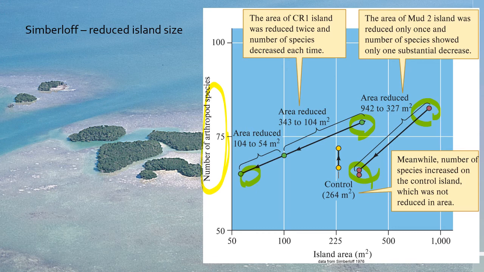When he did the second cuts, he didn't change this one, and it just stayed at the number it was at. The controls that he didn't change actually increased in number of species in this time period. So we can see the area effect is pretty prominent on the equilibrium number of species.